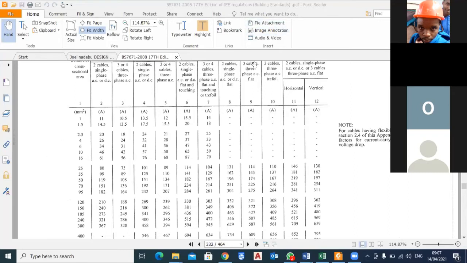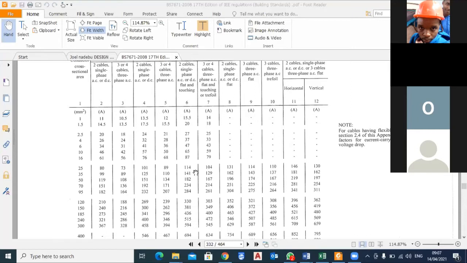If you go to the next, which is 63, inamaanisha utaenda to the next cable, which is 25, ambayo 25 has current carrying capacity of 80 amperes. If you are using 63 amperes breaker, do not use 16.